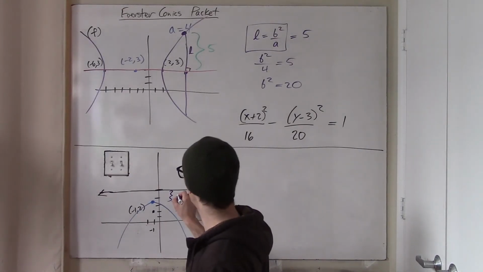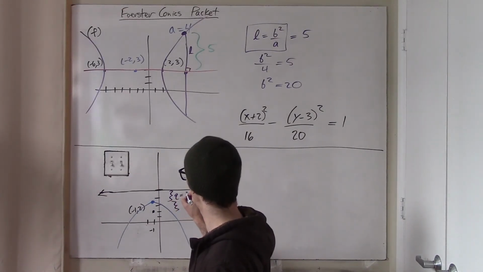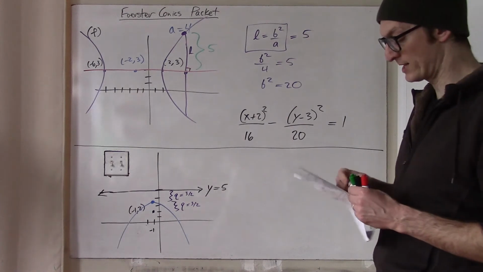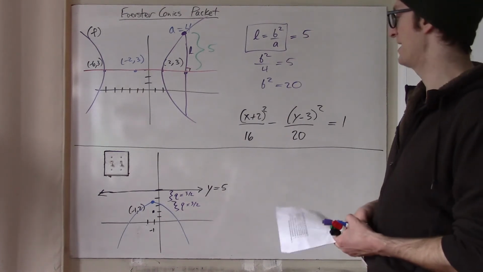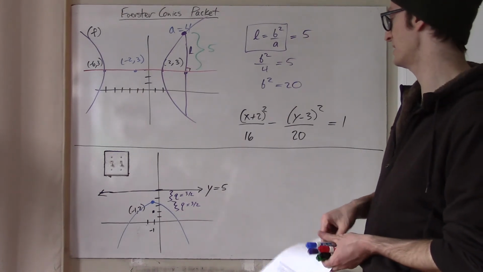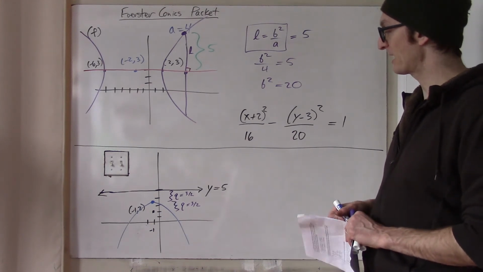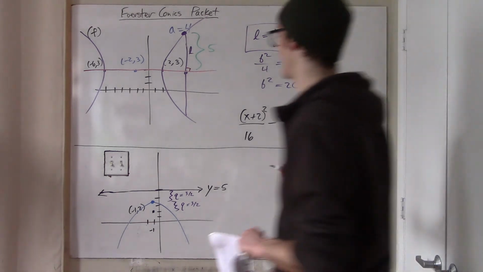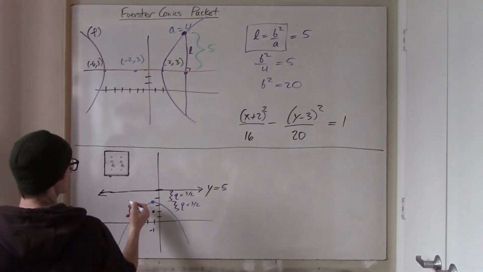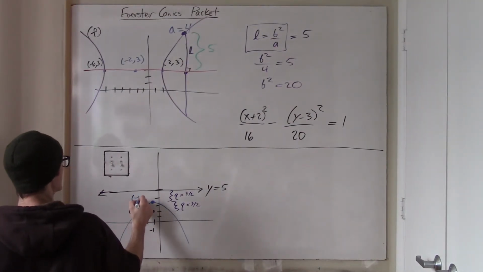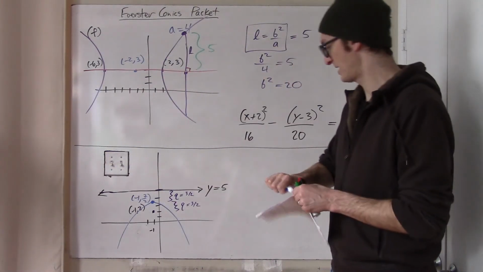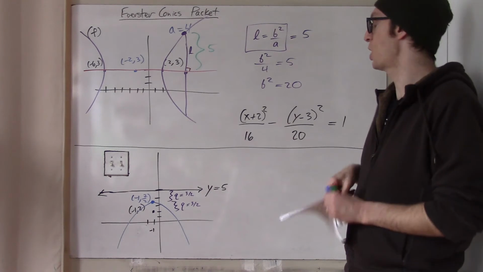And the letter q, which I haven't mentioned in a really long time, refers to that length. So what is that point? It's -1, 2 plus 3/2, so it's 7/2, just like 3.5. So -1, 7/2 is the vertex.